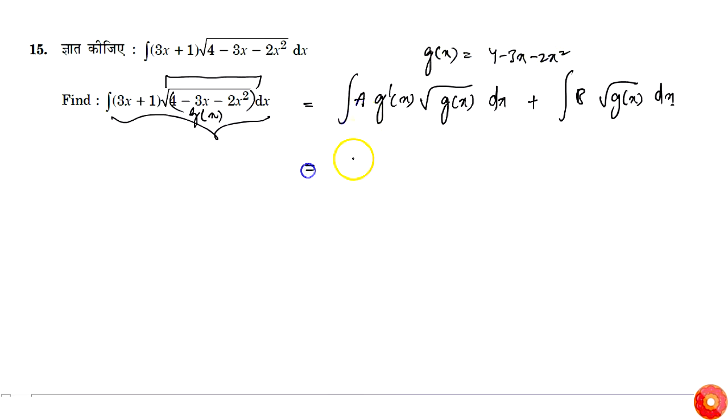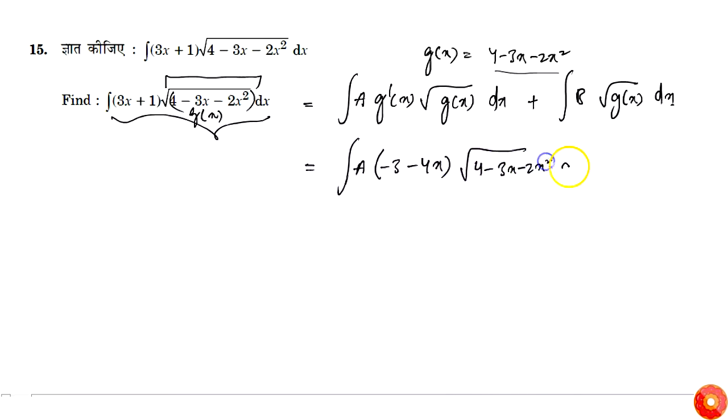So that means this is equal to integral a into g dash of x, which is the differential of this thing, which is minus 3 minus 4x, into square root of g of x, which is 4 minus 3x minus 2x square, into dx, plus integral of b into square root of 4 minus 3x minus 2x square into dx.